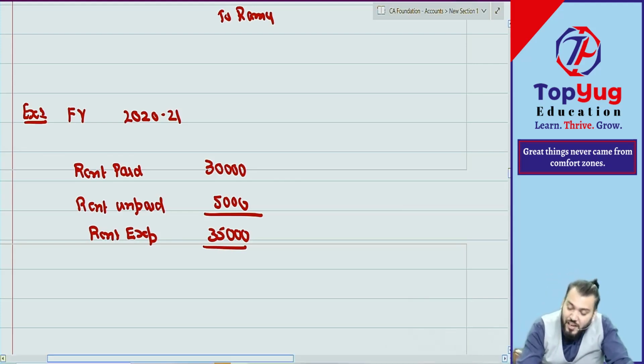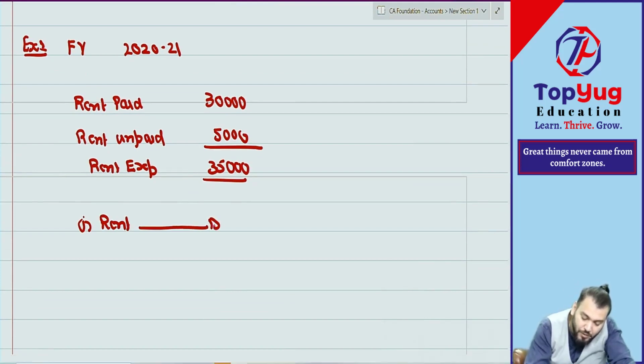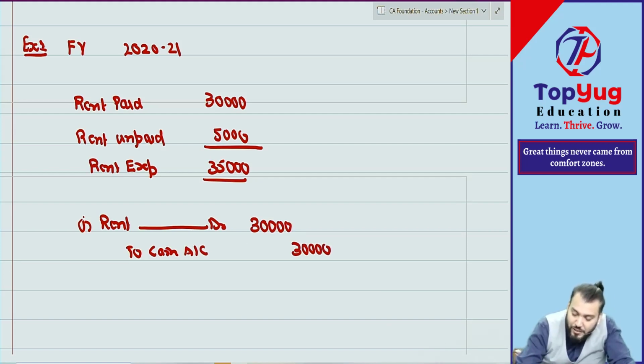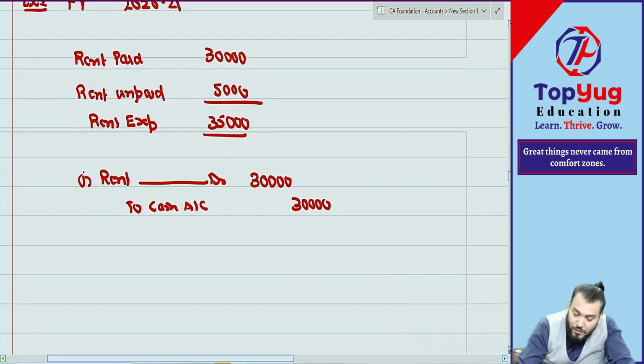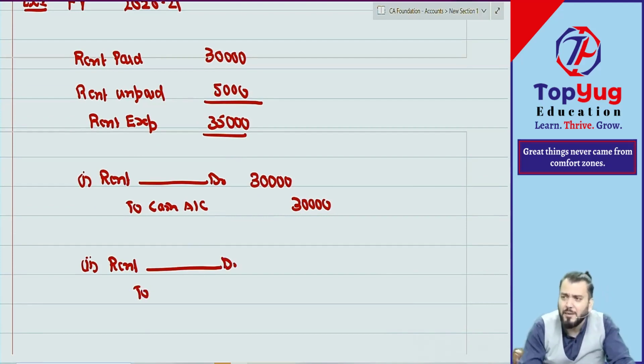If I ask the journal entry for rent paid, what will you give? Rent account debit to cash account, 30,000. What journal entry will you do for rent not paid but payable? Rent account debit to what? You will say, sir, give me the name of the party to whom it is payable.